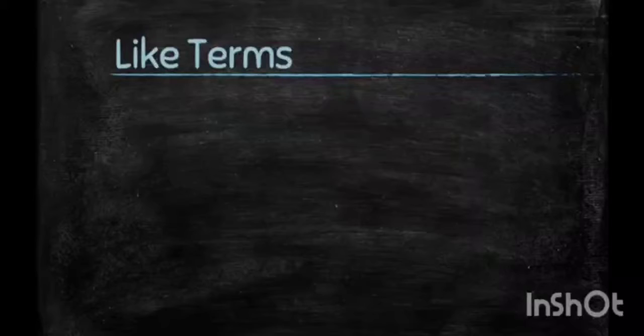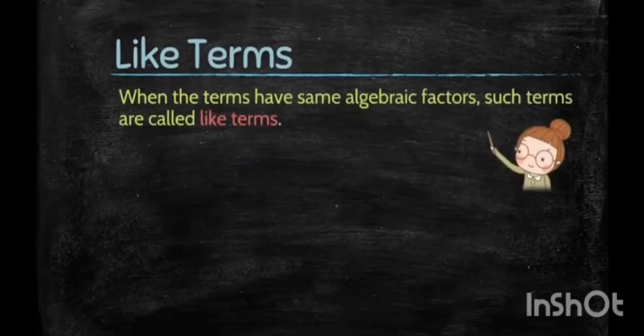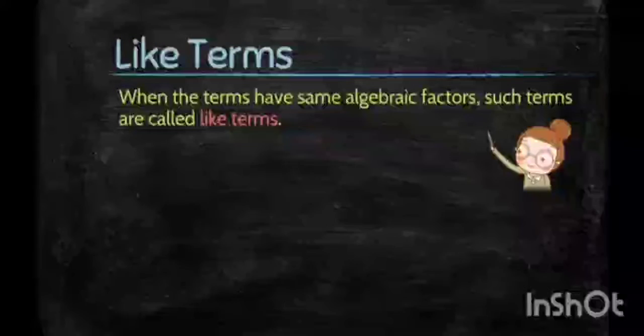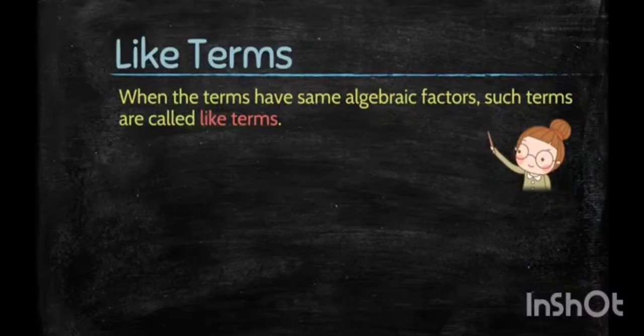Now let's understand what are like terms, which are very important to add or subtract algebraic expressions. So when the terms have same algebraic factors, such terms are called like terms.